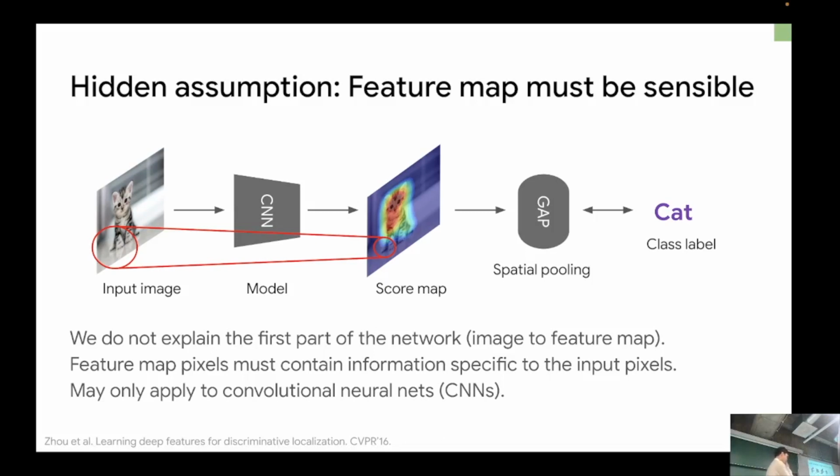And here, let's take a look at the hidden assumptions for CAM to work, and let's try to see how far we can stretch the boundary of where CAM still works. We do not actually explain the first part of the network if we do this. So we trust the score map to encode some pixel-wise information.